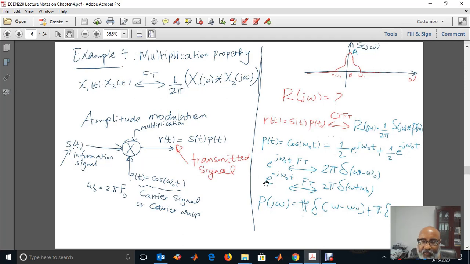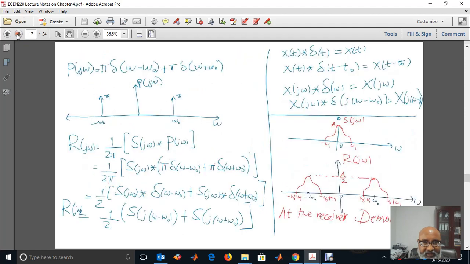The Fourier transform of e to the minus j omega naught t is 2 pi delta(omega plus omega naught). So I have two impulses, one at omega naught, one at minus omega naught, because I have 1 over 2 here. So the Fourier transform P(j omega) is pi delta(omega minus omega naught) plus pi delta(omega plus omega naught).